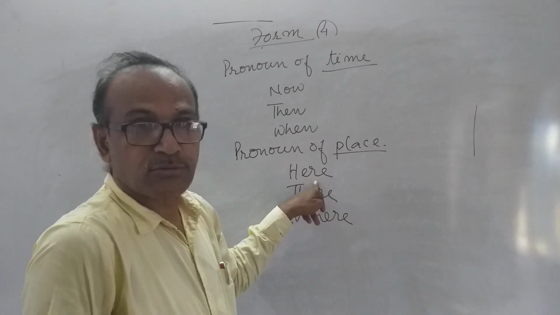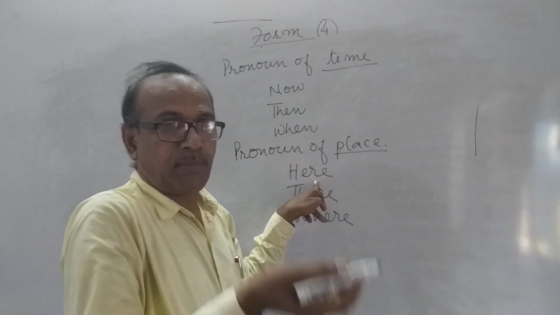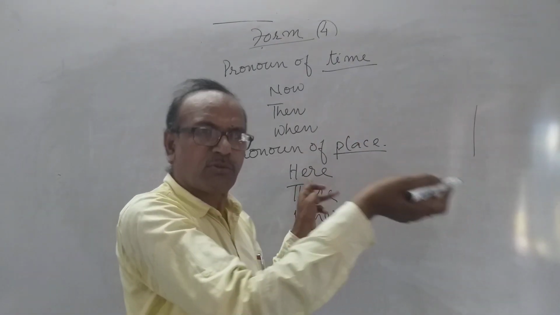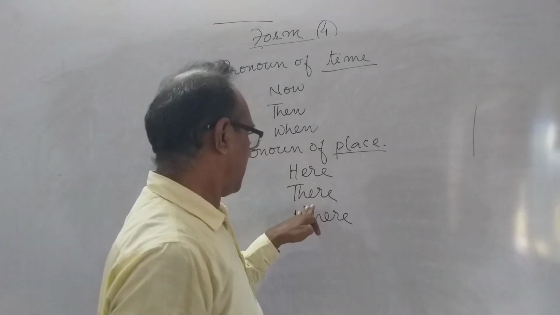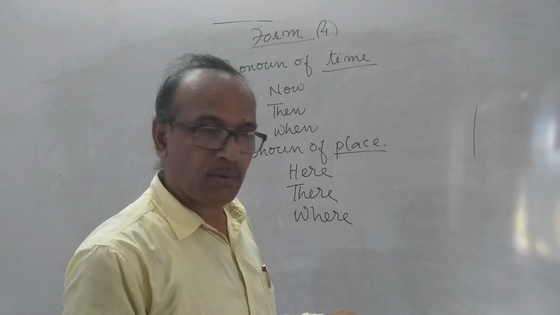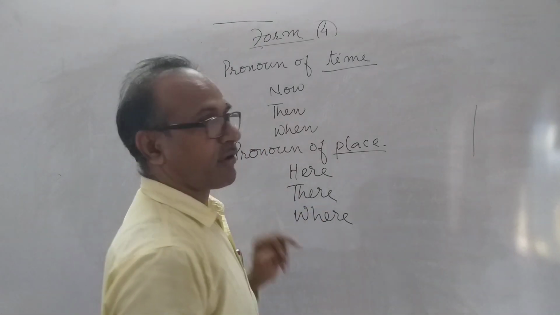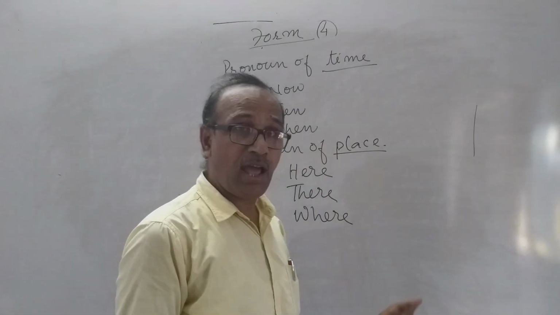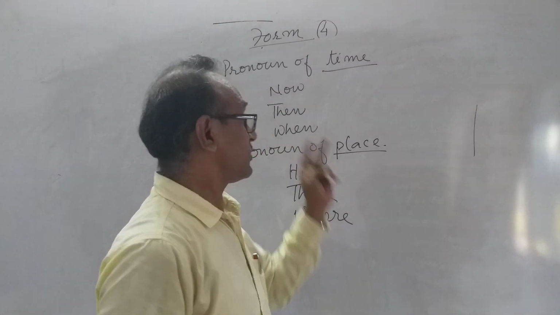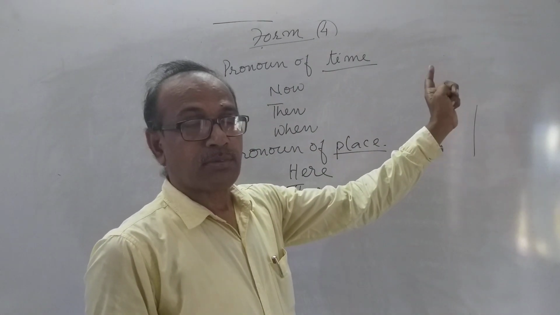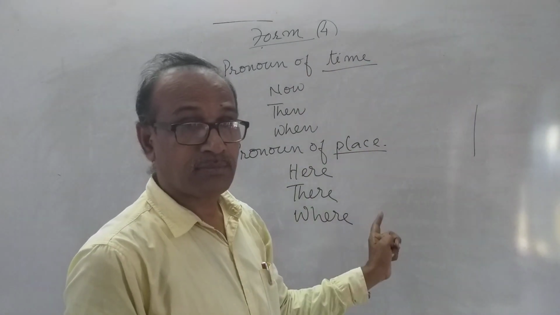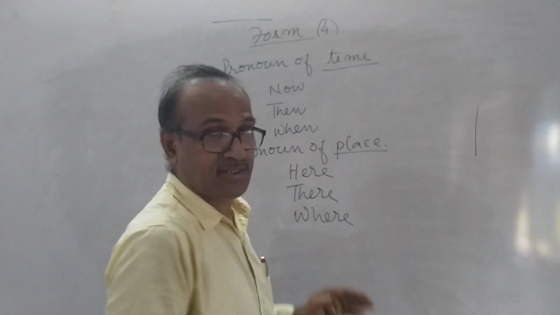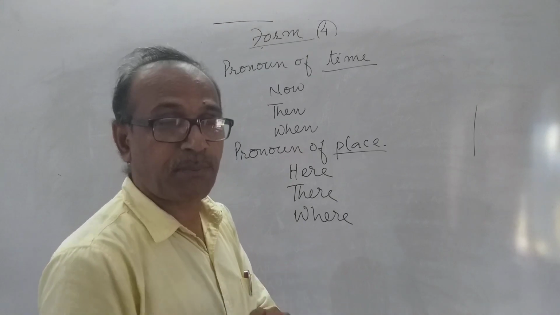So maybe in the school, maybe in the classroom, maybe at the bus stand, maybe at a house, whatever the place may be, we use here, there, or where. So these are also pronouns, but as they don't have such forms, we have kept them aside, we have kept them separate.